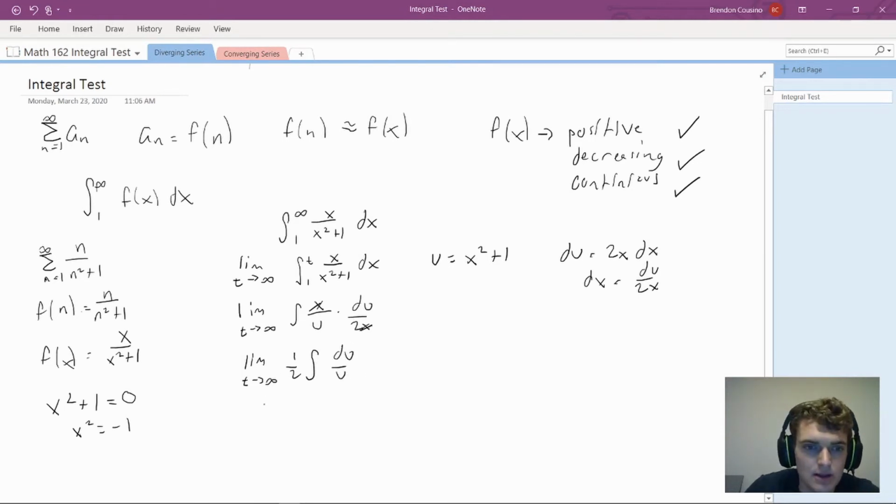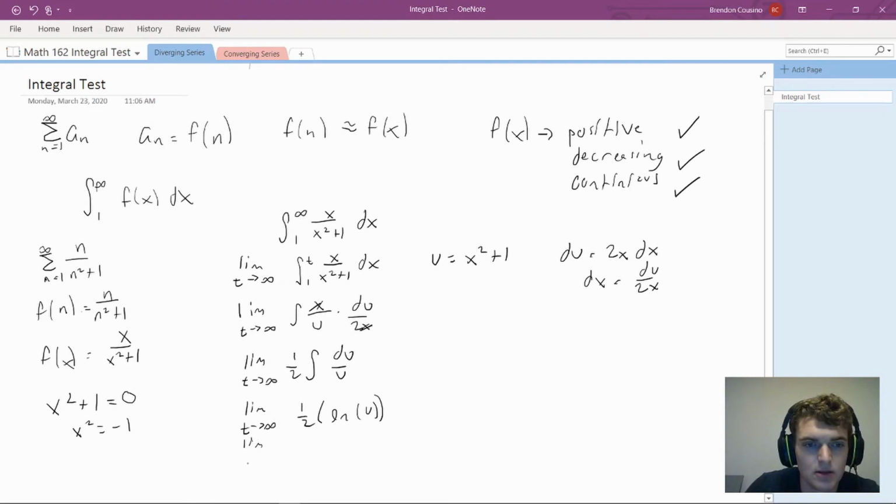Okay, and so then this integral is just going to come out to be the natural log of u. So this is going to be the limit as t approaches infinity of 1/2 times ln of u, and then let's plug in our substituted u piece.